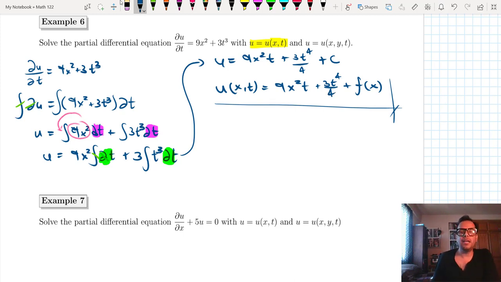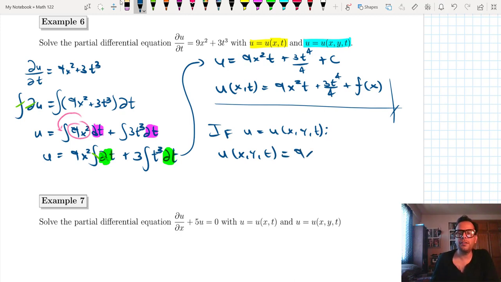Okay, now what if the given function in this case that we're looking for didn't depend only on x and t, but depended on x, y, and t. So in this case, our u of x, y, t equals same function 9x squared t plus 3t to the fourth over 4 plus some function that depends on the variables that were held constant.